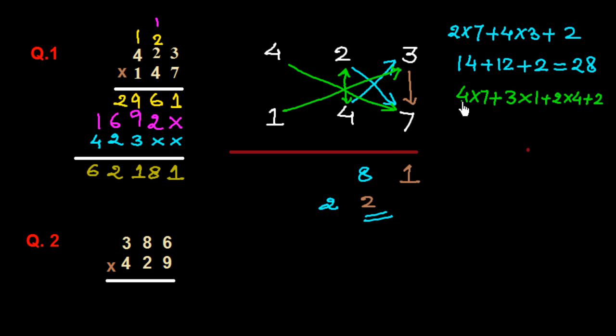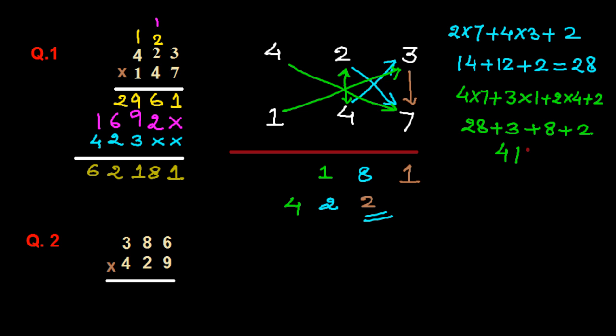So look here, 4 7 times 28, 3 1 times 3, 2 4 times 8, plus 2. 28 plus 3 is 31, plus 8 is 39, plus 2 is 41. So we put down 1 here and 4 carry.